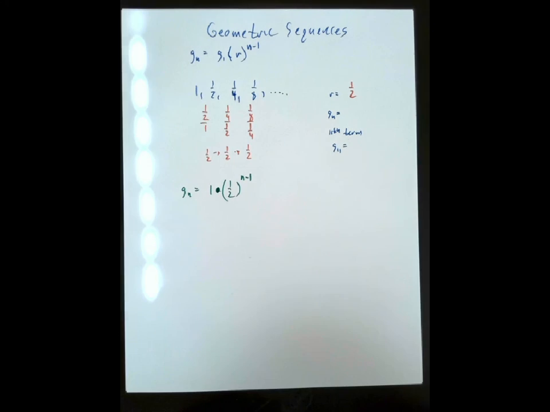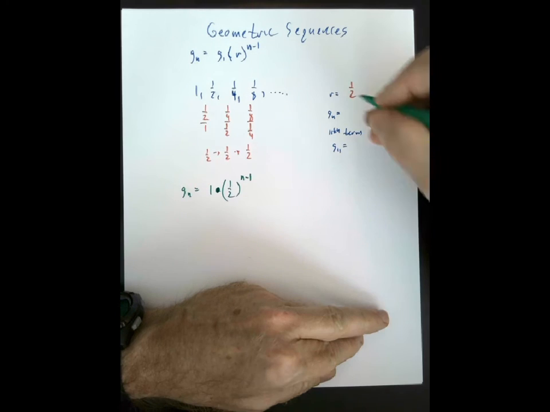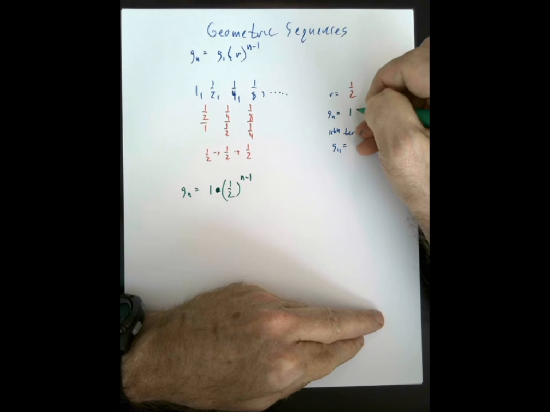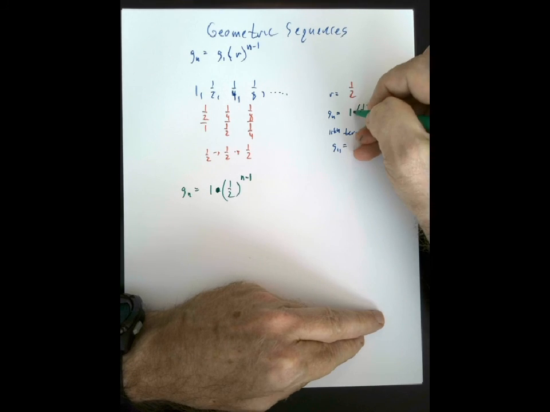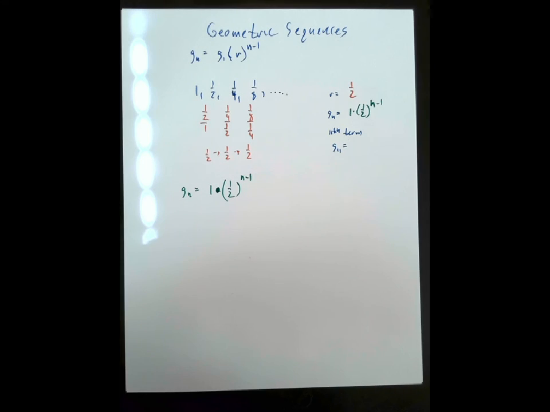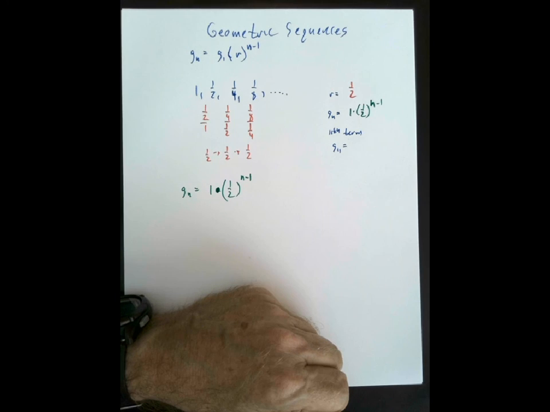And there is our formula right there, right? So we'll put that up here. And now we could write it like this, 1 times 1/2 to the n minus 1. And strictly speaking, we don't really need the 1 in front there, of course, but just so that we can see that we haven't forgotten what the first term is. We can see explicitly what the first term is, which is 1.